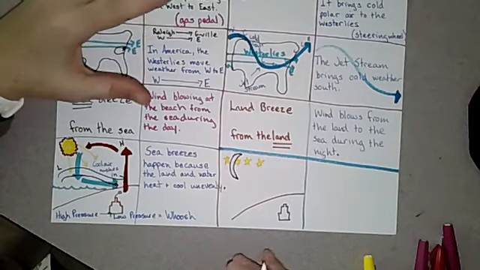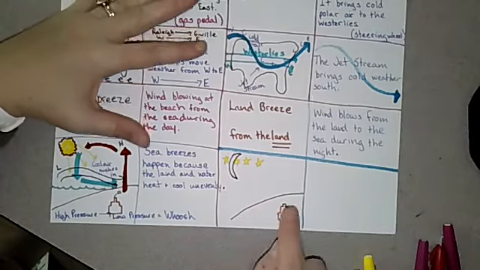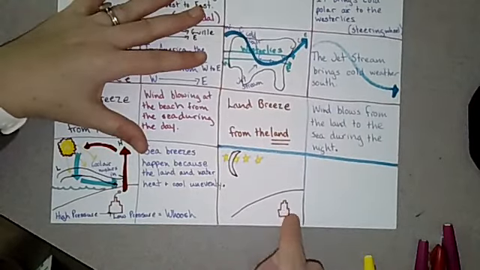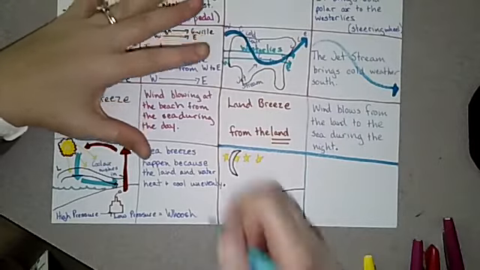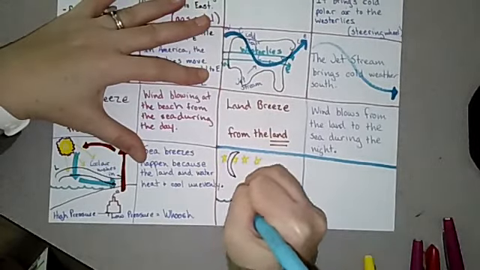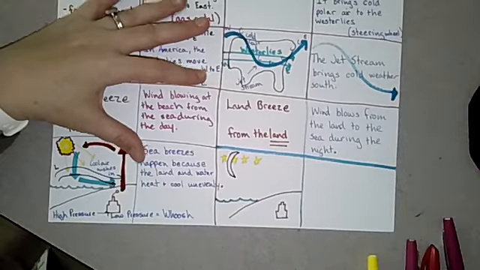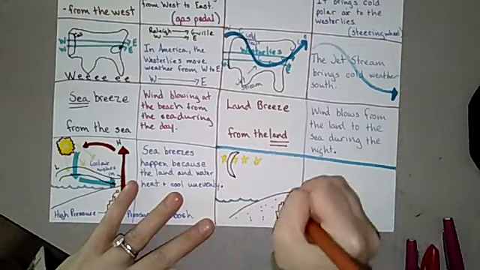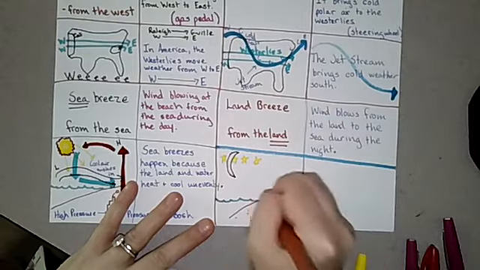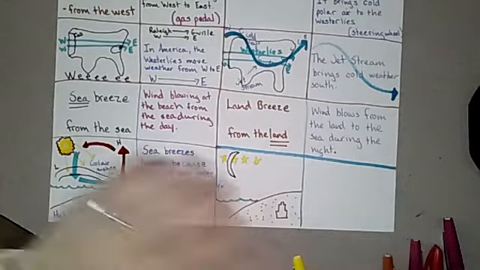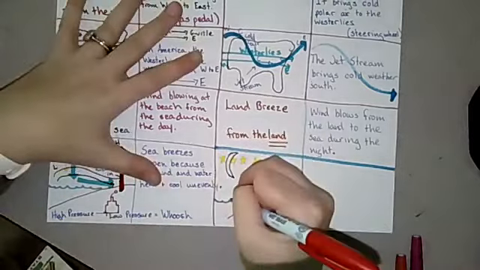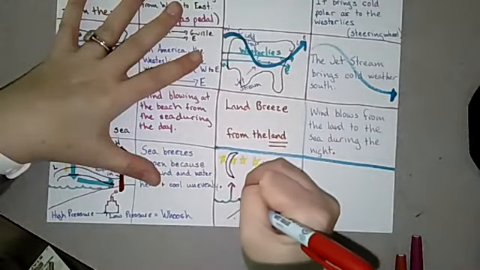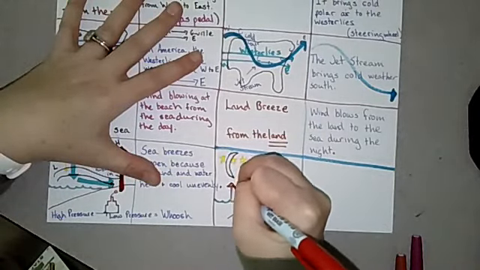And at nighttime, the land cools off super fast and the ocean doesn't. So the land has gotten very cool. The land has cooled off. So now the heat is coming off of the ocean. So the heat rises off of the ocean now.